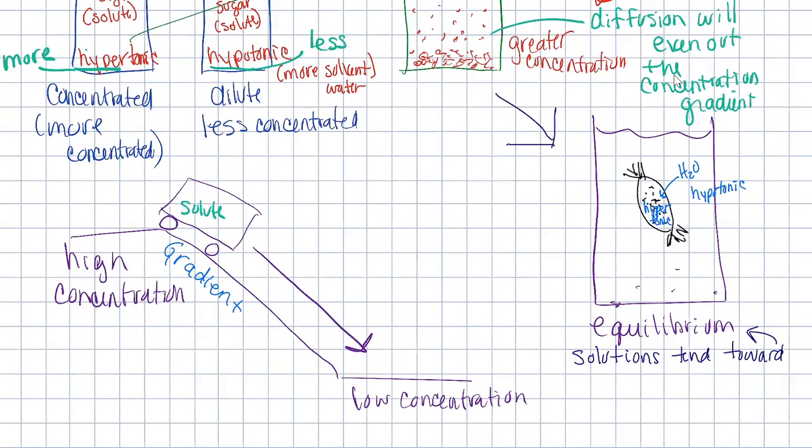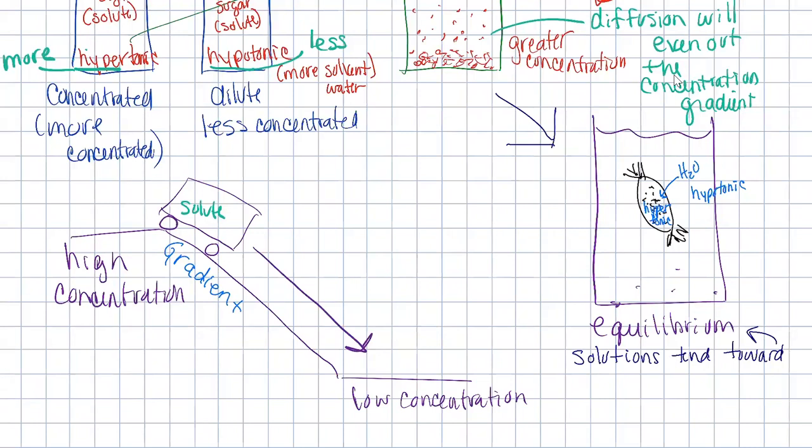The water is in higher concentration out here, a lot of water, few particles. The particles are in higher concentration inside the dialysis tubing. So the particles inside could move out, and the water outside could move in. Is that sitting okay in your head?